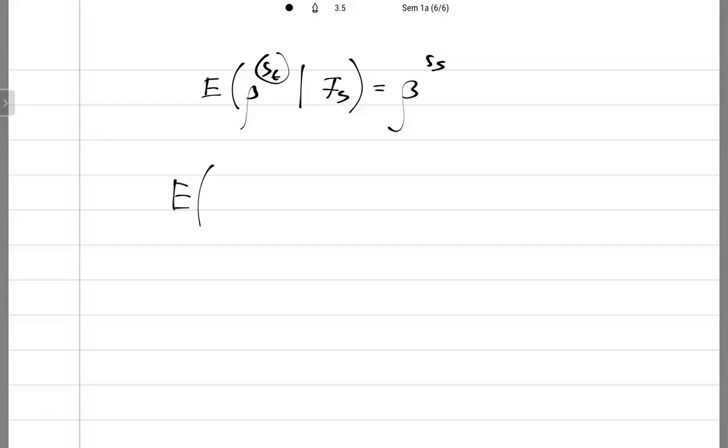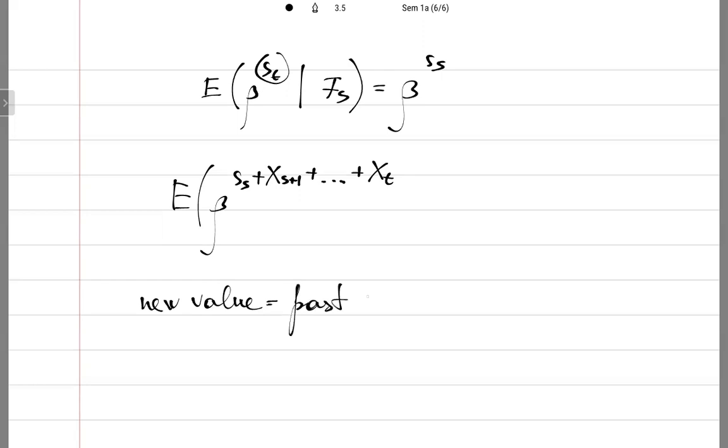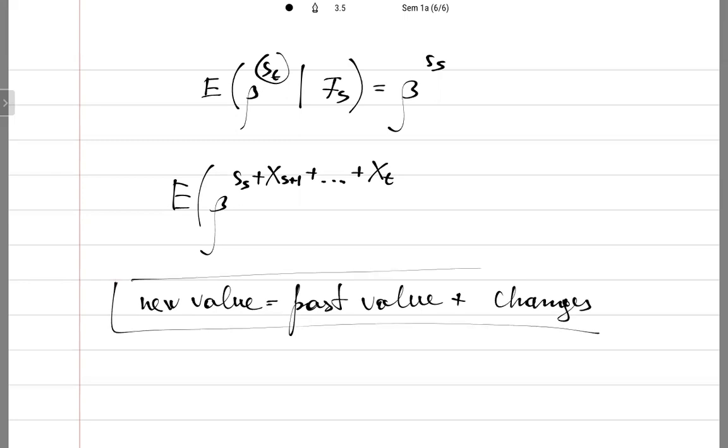So it's the expected value of beta to the power S_s plus X_{s+1} and so on. We have already done this. So we can decompose S_t into S_s and changes. So that's the idea, to decompose a new value: new value is equal to past value plus changes. That's a good idea. We will use it when we study properties of Brownian motion.